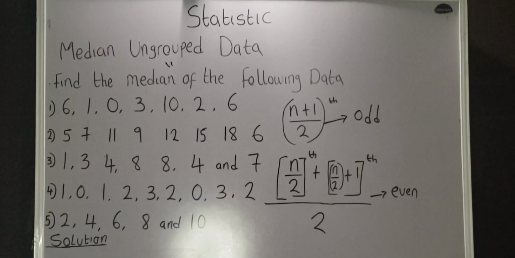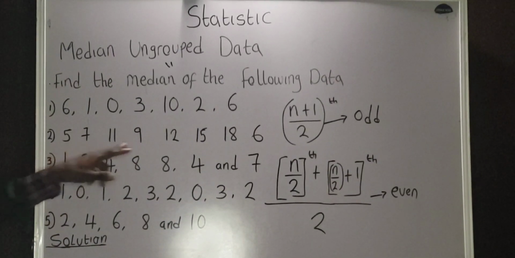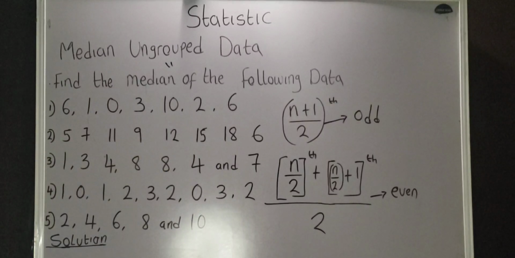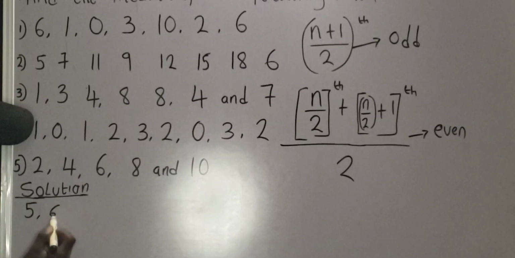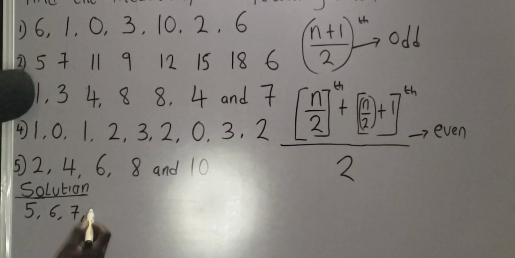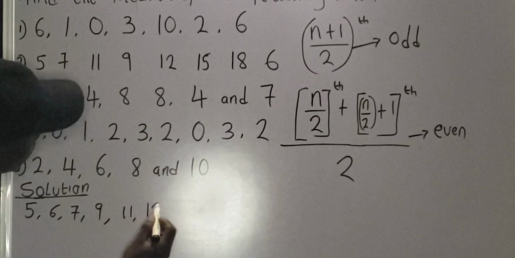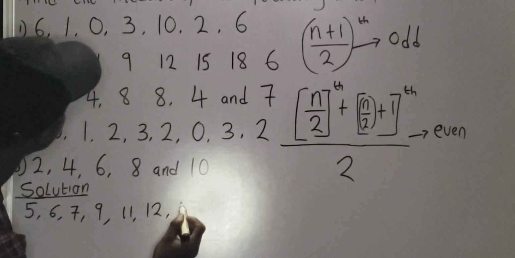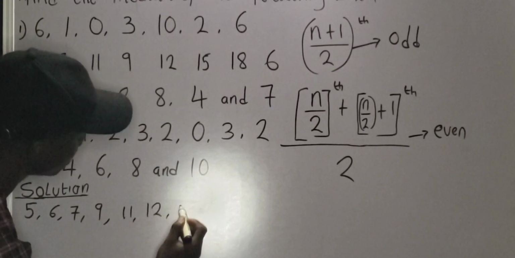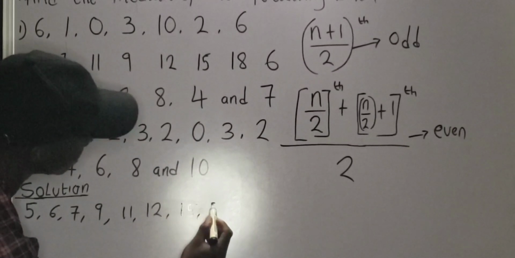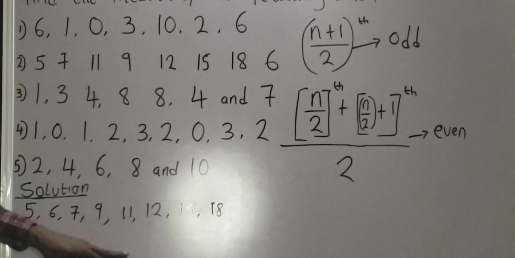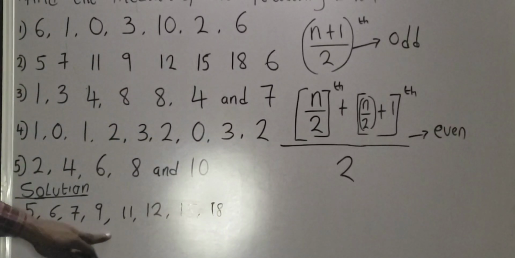The first step is that we are going to arrange all the data in ascending order. That is 5, 6, 7, 9, 11, 12, 15, and 18. So I have arranged the data set in ascending order.